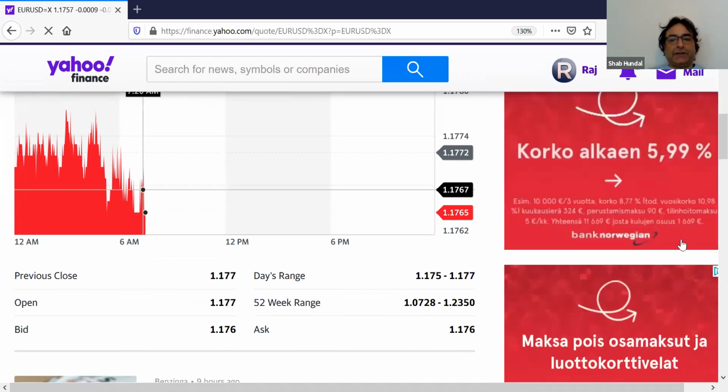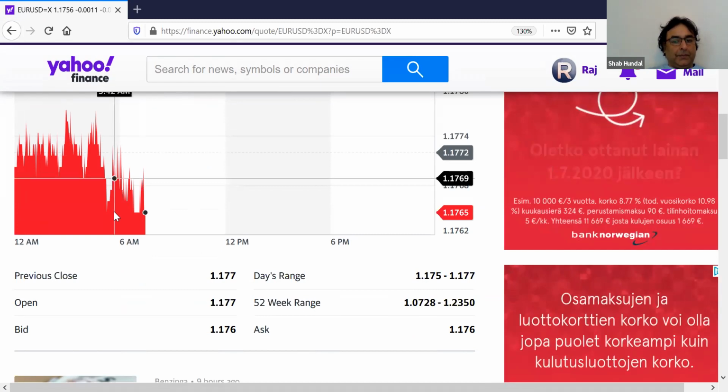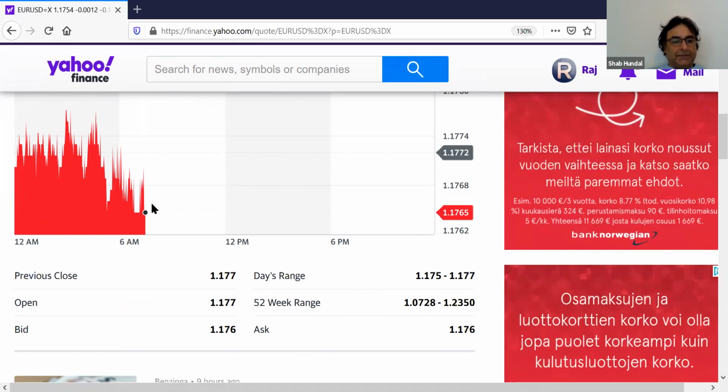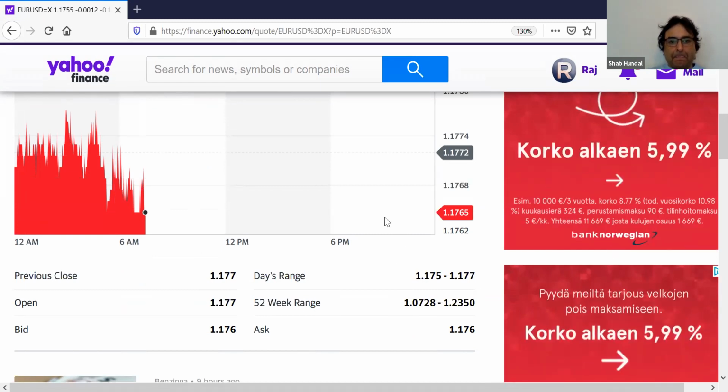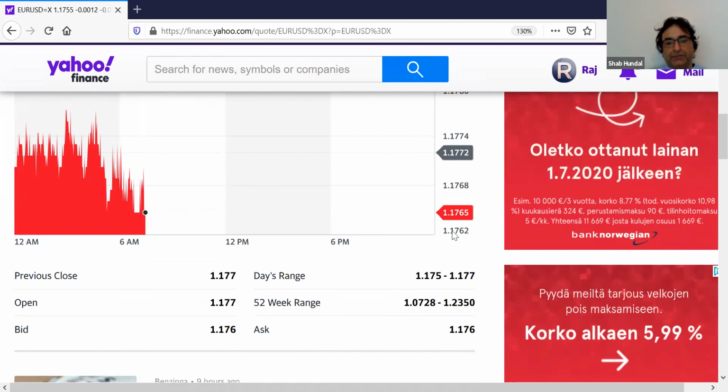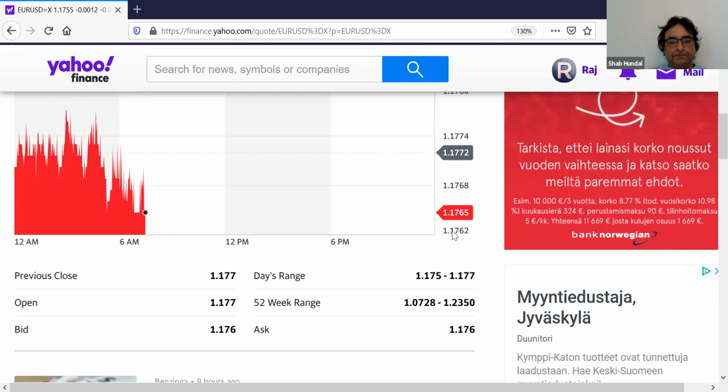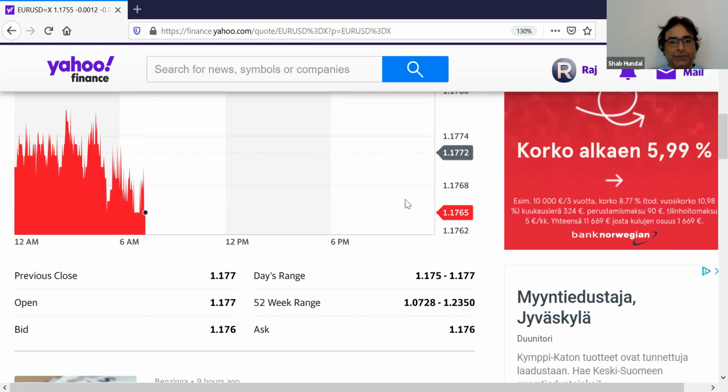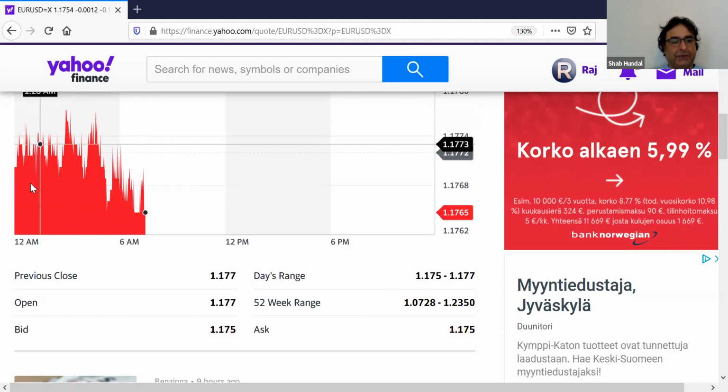You can see that the euro has been going up and down a lot in the American markets.